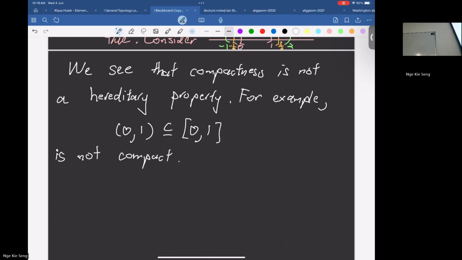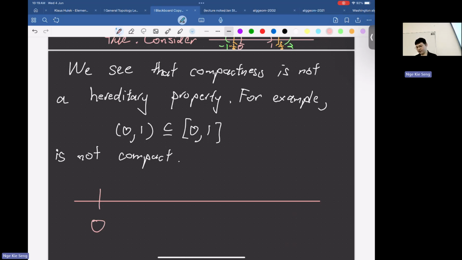Does that make sense? Let me draw the number line for you. Let us make a very long 0, 1 interval here. Zoom in, magnify this. Because 1 is the limit point, there are infinitely many points really close to this one.